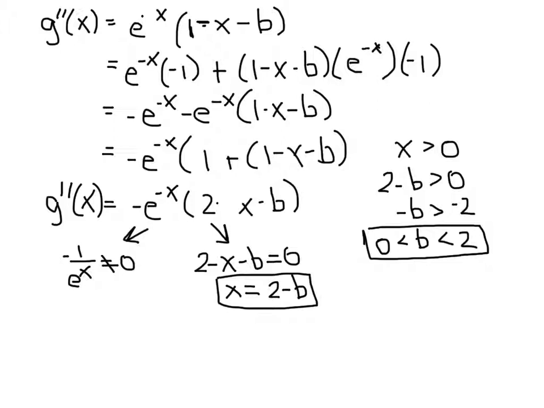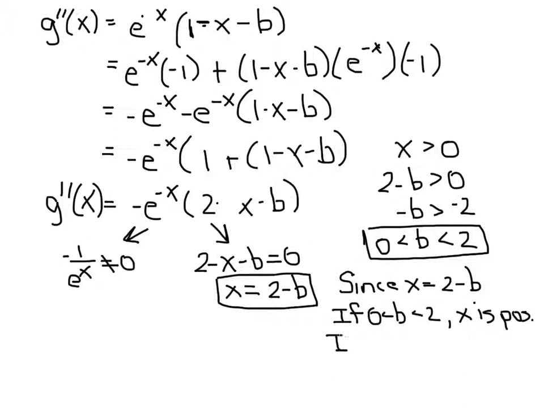Now last of all, we have to justify that this is a point of inflection. In other words, we have to show that the sign will change. Well, since x equals 2 minus b, if b is between 2 and 0, we know that the sign of x will be positive.